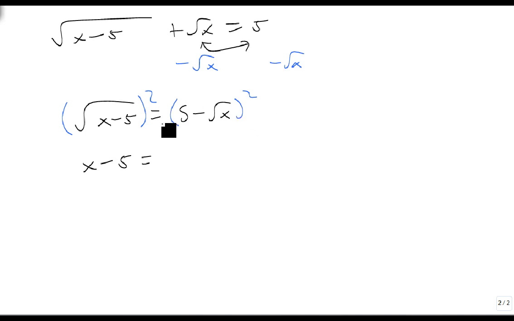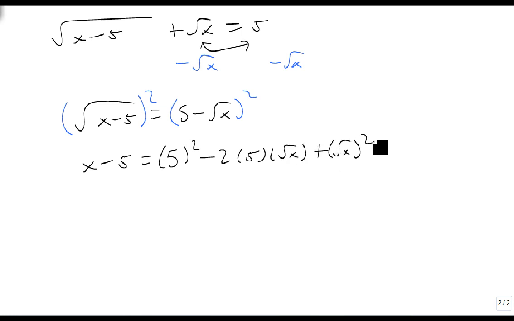This I'm actually going to do out. It's 5 squared minus 2 times the first times the second plus the second squared. And remember, I'm using that perfect square trinomial, a minus b squared is a squared minus 2ab plus b squared. So that's my 2ab.